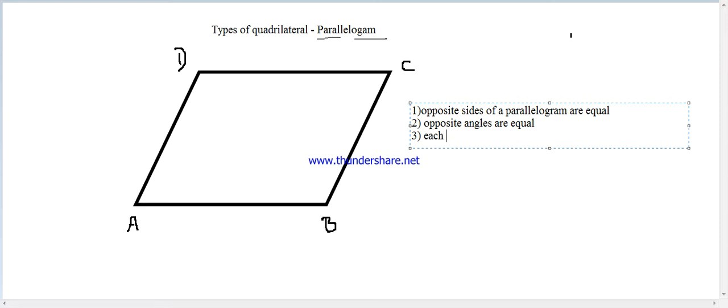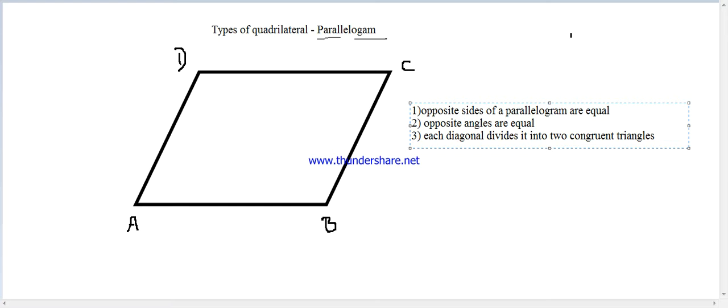each diagonal bisects, divides it into two congruent triangles.